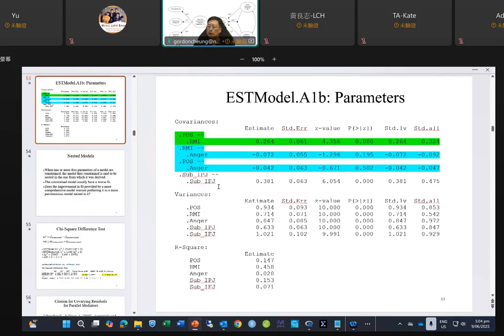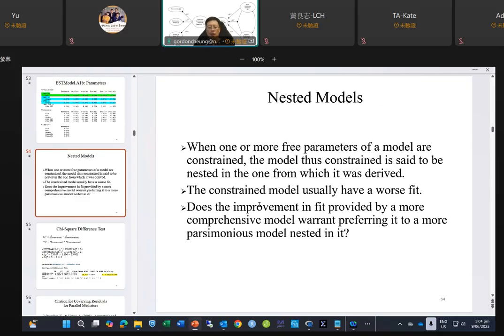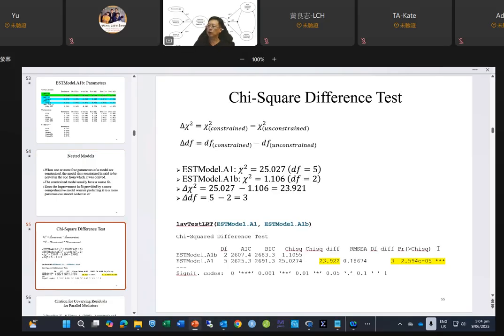Now, we need to justify whether the improvement in fit in our unconstrained model, that means we estimated 3 more parameters, our fit indices improved. Does the improvement in fit justify the 3 more parameters that we estimate? That is what we need to test. This is called a chi-square difference test.